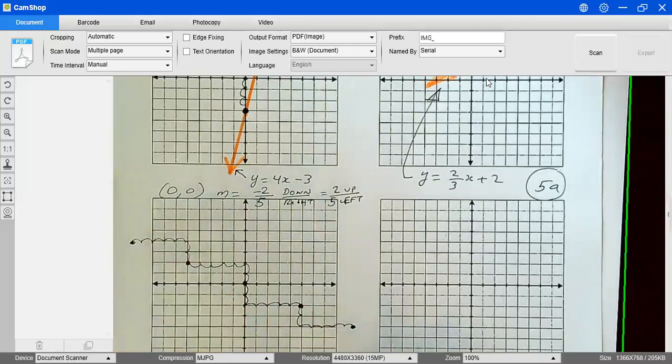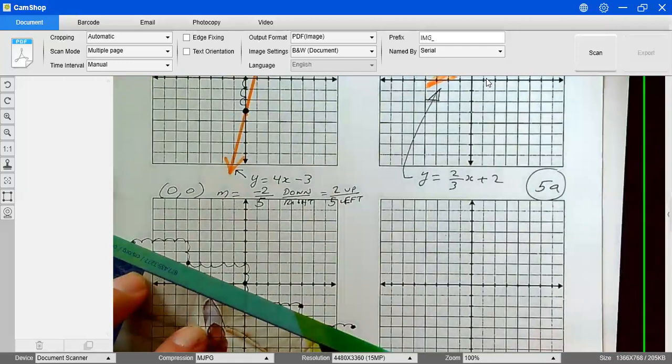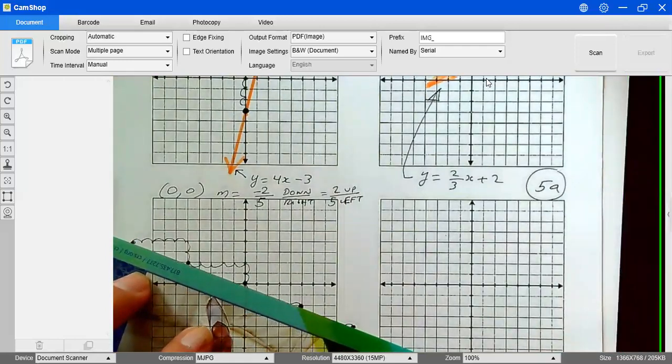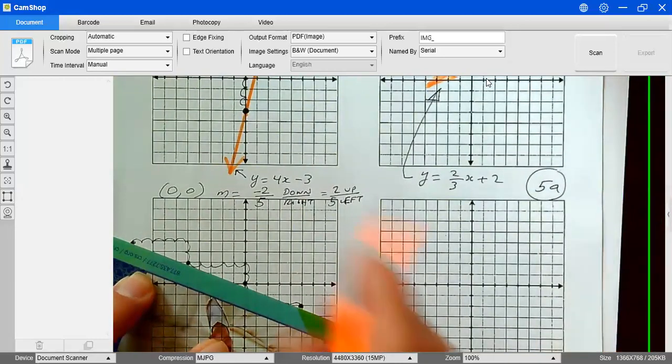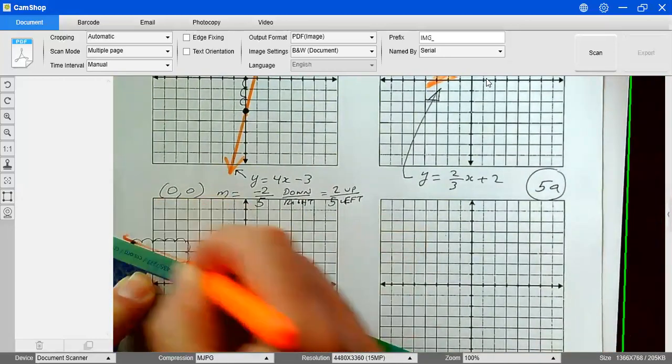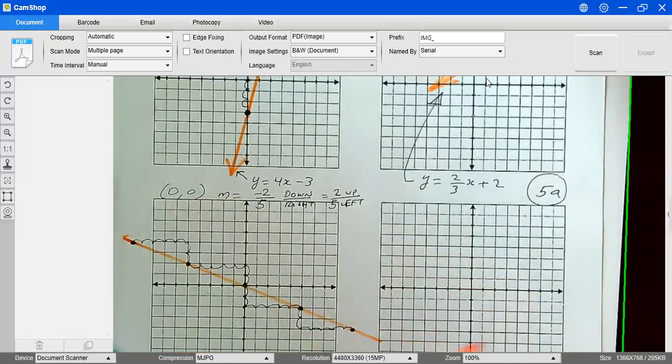So all these points should be aligned. And they are. So you're going to see that your recipe to jump throughout the plane works very well.